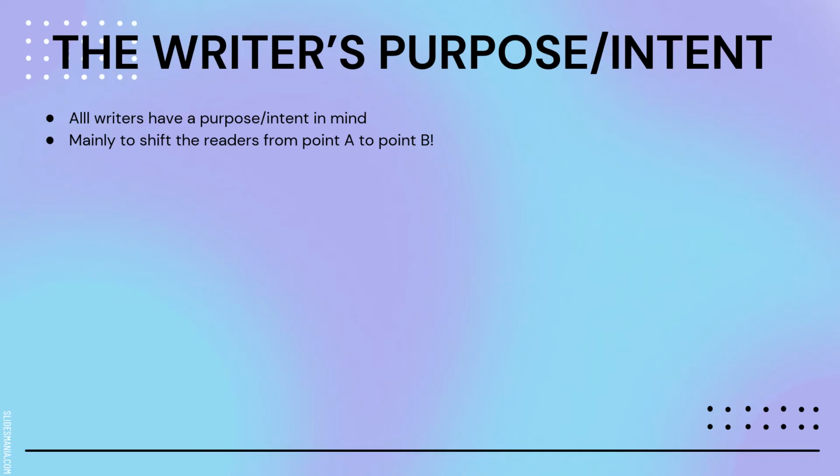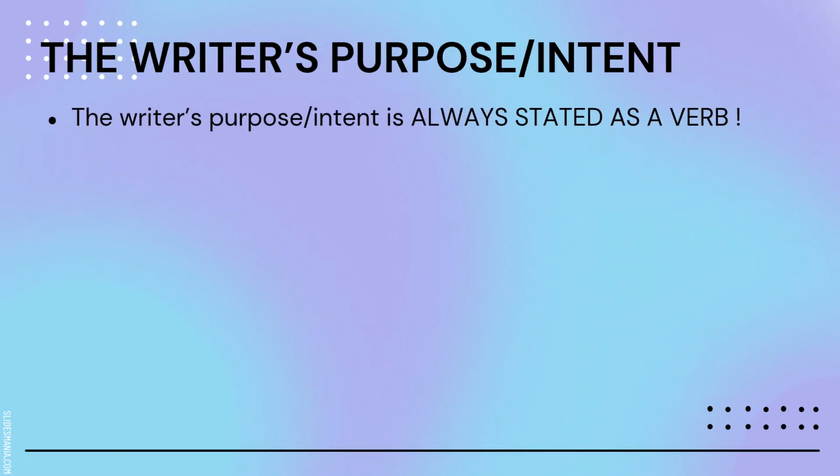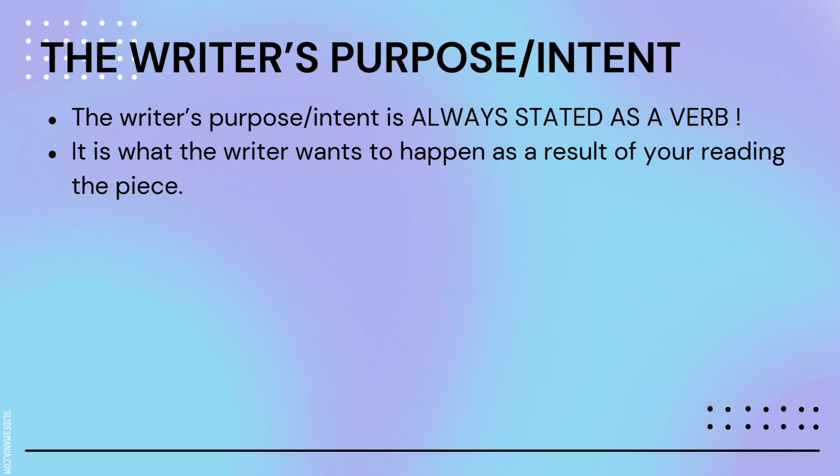The writer's purpose or intent is very critical. All writers write with a purpose or an intent in mind, and really mainly writers want to shift the reader's point of view from point A to point B. So how do you identify this? Well, or how do you state this when you're writing your essay? It is always stated as a verb. It is what the writer wants to happen as a result of your reading the piece.